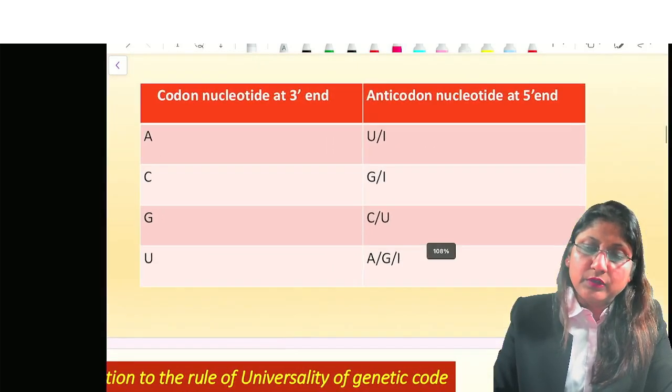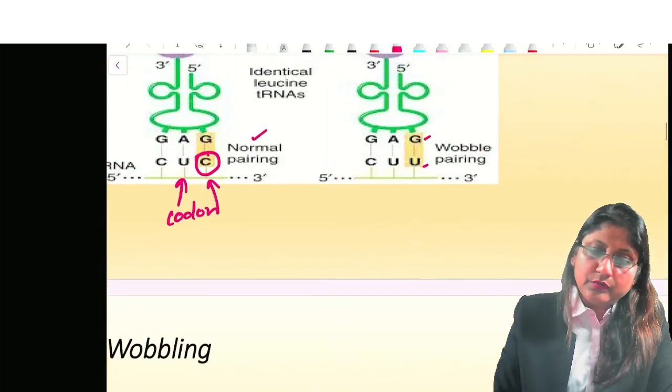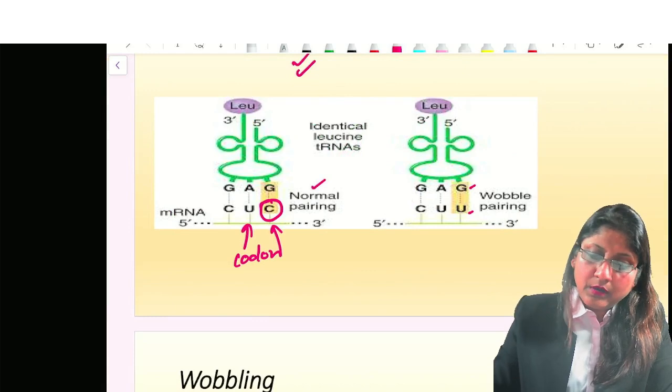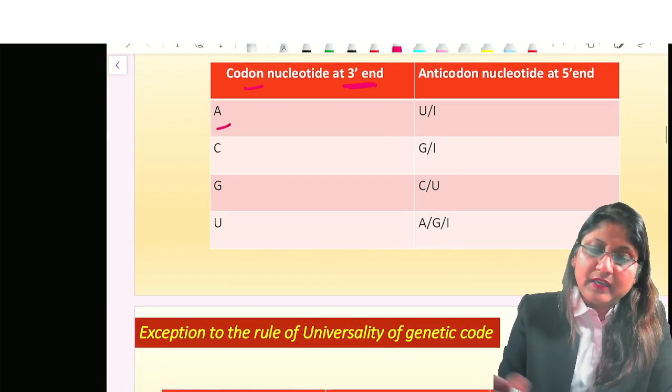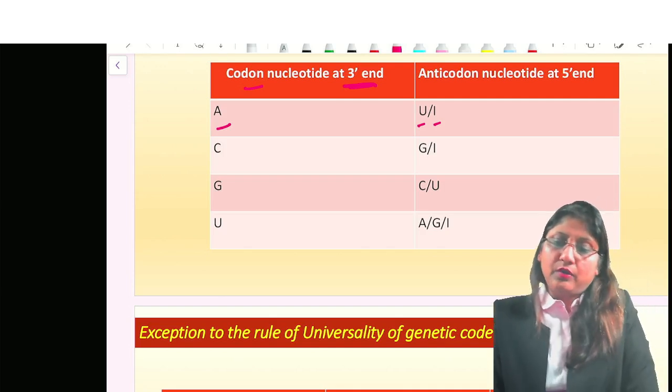And if I tell you this, the codon 3' end, right? So you see this is the codon and this is the 3' end. Codon 3' end, if it is A, it will pair with either U or inosine of the transfer RNA.